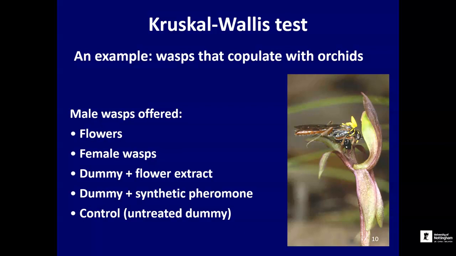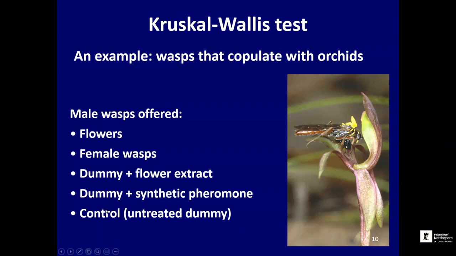So we're going to look at an experiment where different types of flower or different types of stimulus were used, and the behaviour of the male wasps was observed, and specifically the copulation frequency of the males, or the amount of time spent copulating by the males, was observed when he was offered either an actual real life flower or an actual real life wasp, a female wasp, or various possible false stimuli.